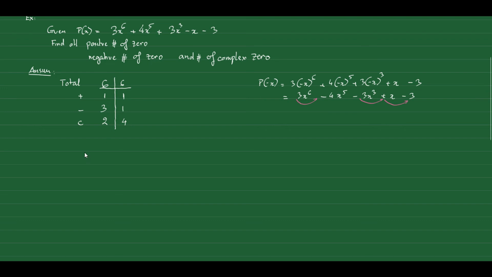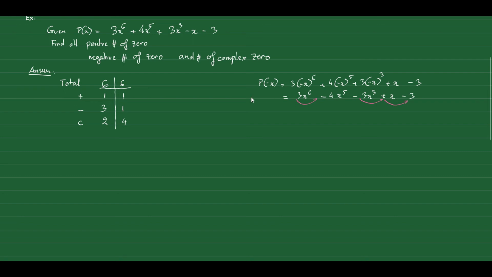So we have 1 possible positive, 3 possible negative, and 2 complex, or 1 positive, 1 negative, and 4 complex. If it is this case, it will be 1, 3, 2. If it is this case, it will be 1, 1, 4. That's what it is.